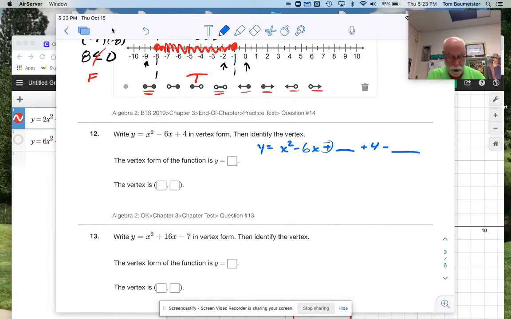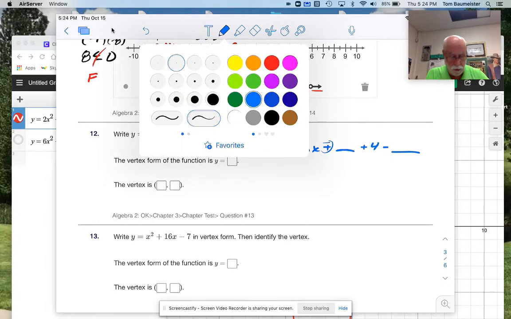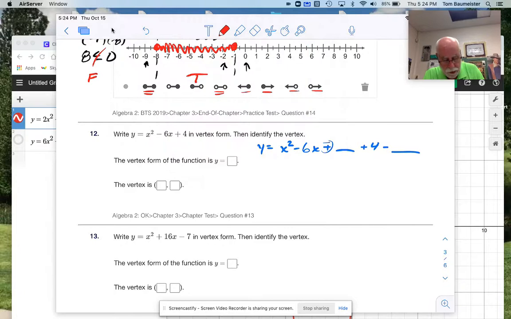All right? So then remember, I told you to have this. So what is half of -6? You're going to tell me it's -3. So remember, I halved it. And then I'm going to square it. What is -3 times -3? It's +9.